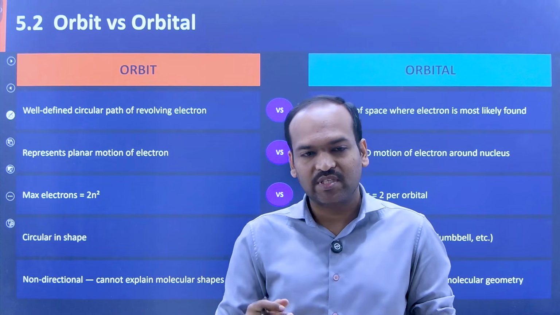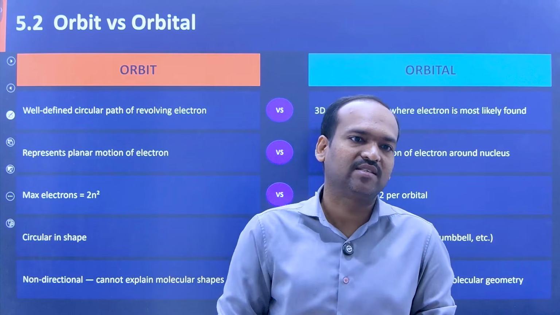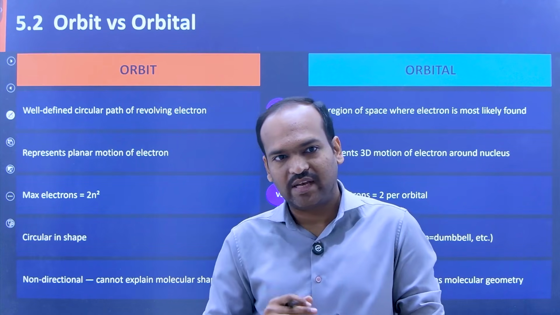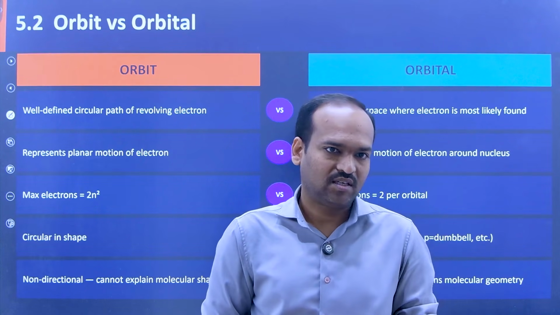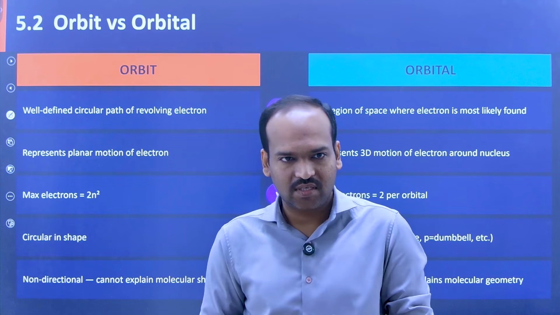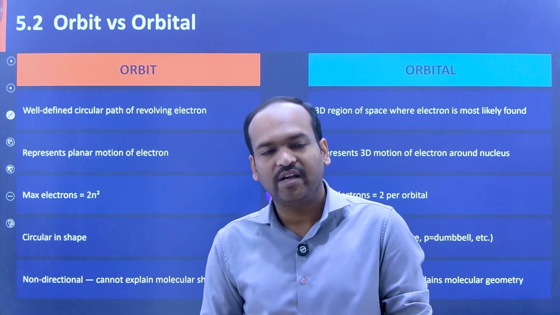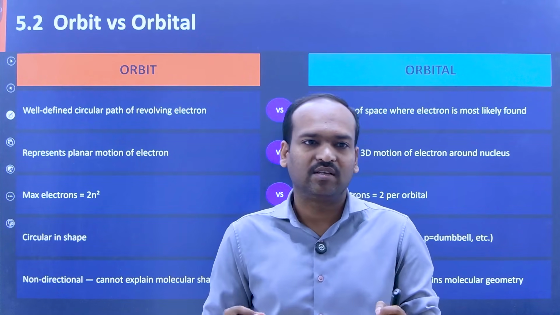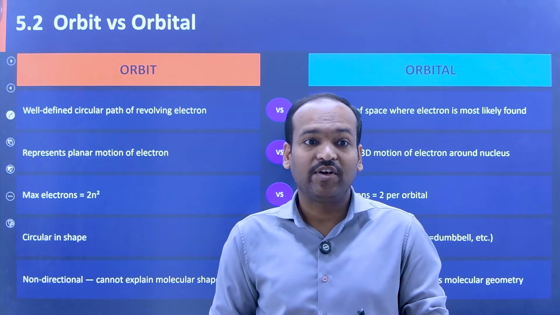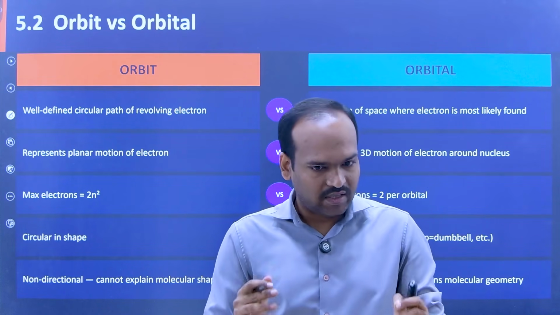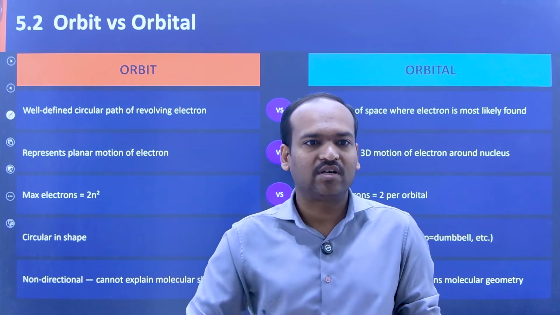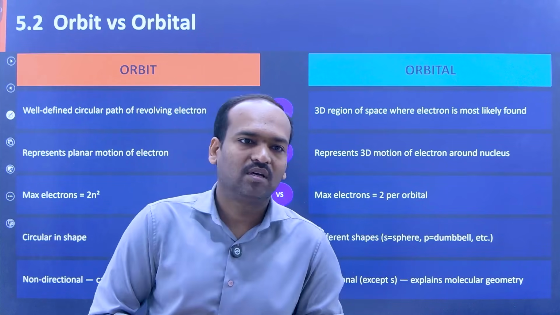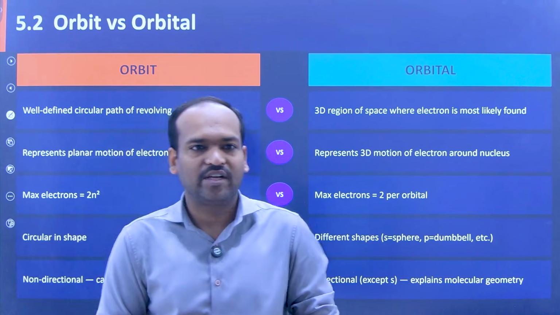But if I say it is present along the axis, x axis, y axis, z axis, then it is directional. So directional and non-directional means that if electron density or probability of finding electron is along any direction, then it is directional in nature. Or if it is present in all the directions, then non-directional, like orbit, a circular path. A circular path we can say is non-directional.